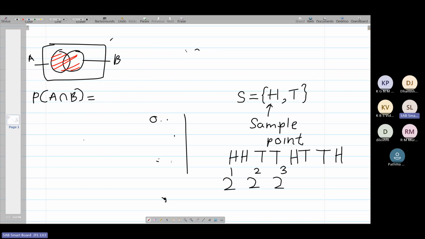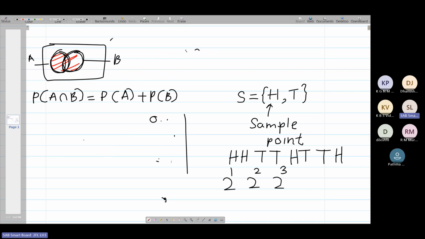All. Then first we take this circle. What is it? Probability of A, event A. Then we consider the next circle, which is the probability of B. It's clear? Then there is a common area, the intersection.